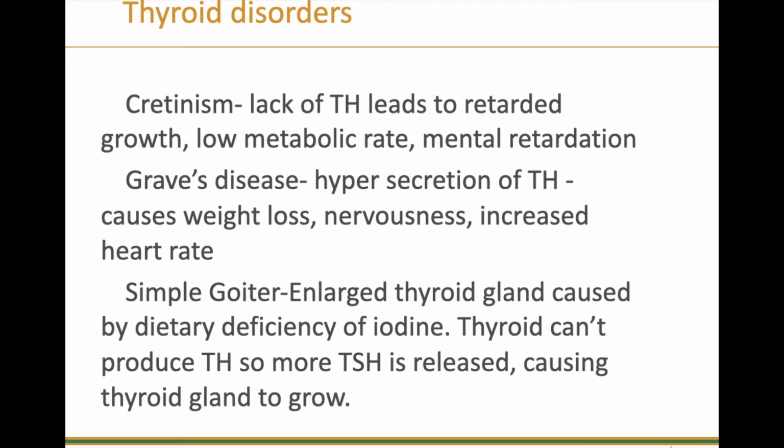Next one is simple goiter. This is an enlarged thyroid gland caused by a dietary deficiency of iodine. So if you don't get enough iodine, you can't produce thyroid hormone, because iodine is one of the main components.